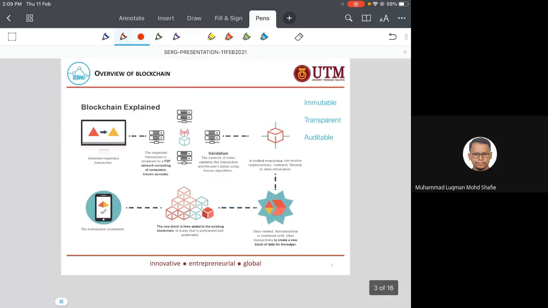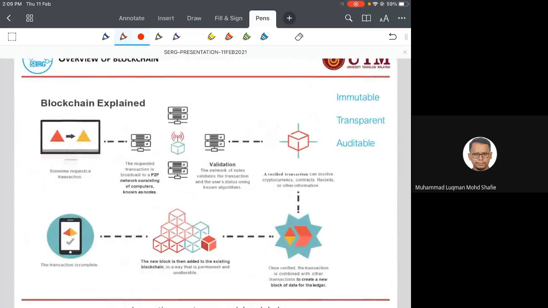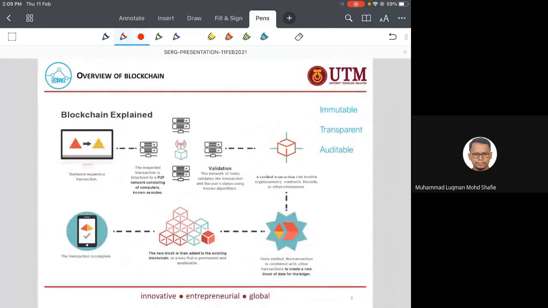Okay, this is the overview of the blockchain, the general description of the blockchain. As we know, currently the blockchain is widely used, especially in the currency domain, or what we call coins.